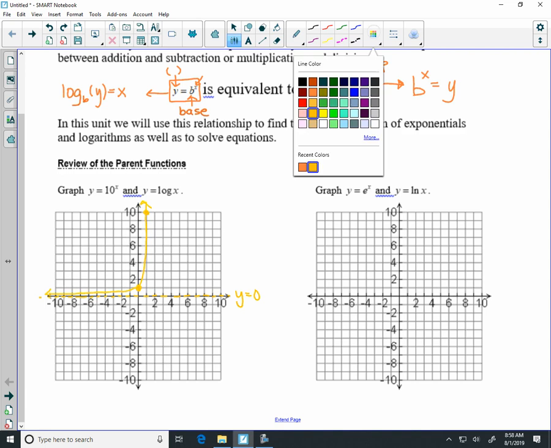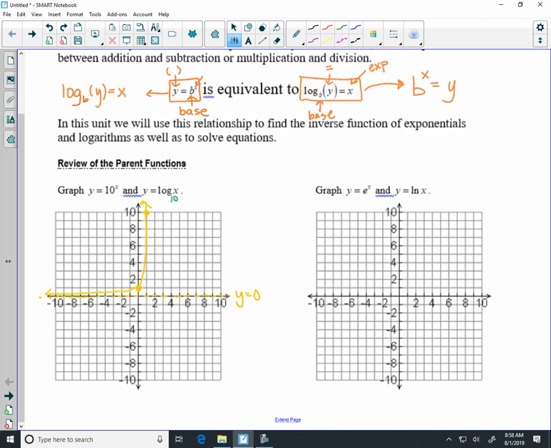Its inverse is log base 10. Here our base is 10, since there's no base shown. For log base 10, our key points are (1, 0) and (10, 1). And we have a vertical asymptote at x equals 0.